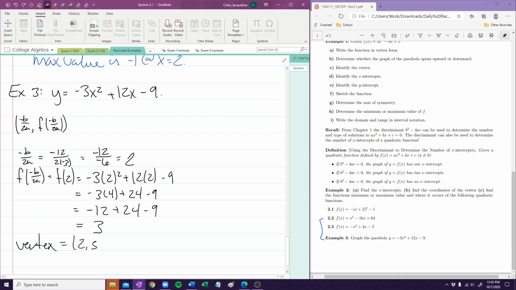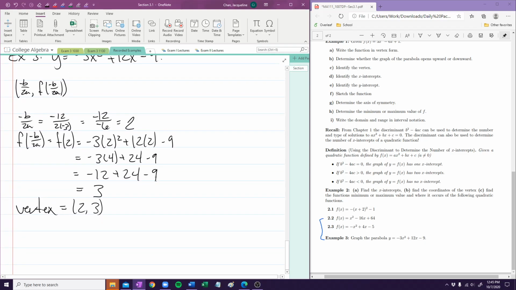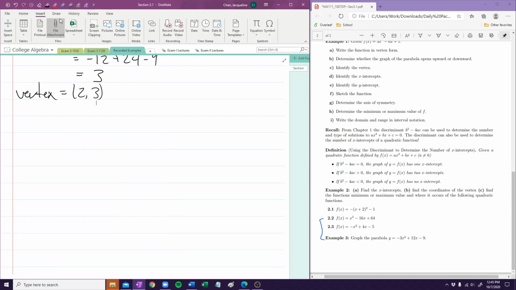So what are we going to do with this? This is assuming that we want to plug in 5 points. In order to plug in the 5 points, you need to know what the vertex is first. So if we have my x, y, we know this would be 2, 3, and you want to pick 2 numbers to the left and 2 numbers to the right.